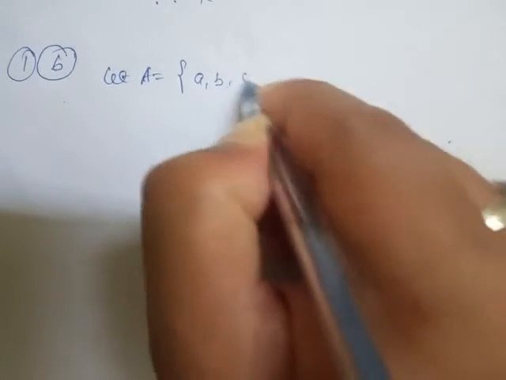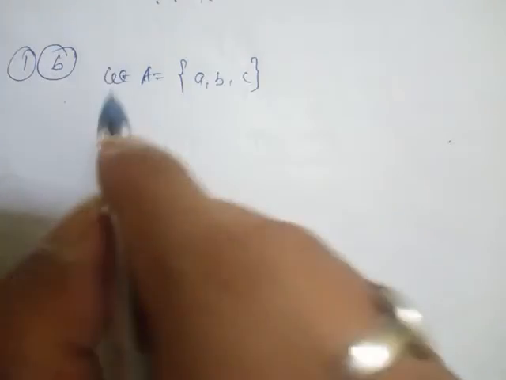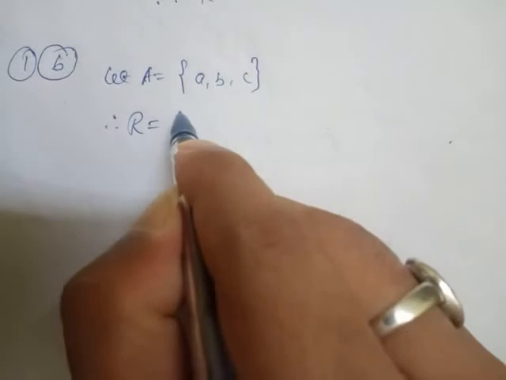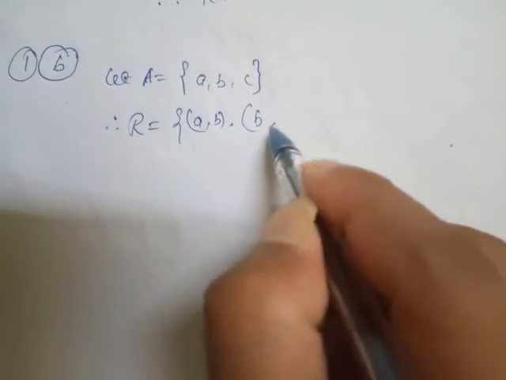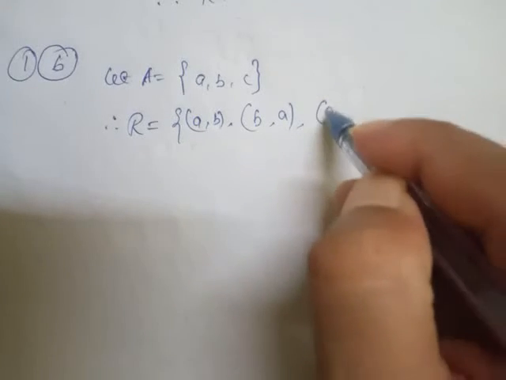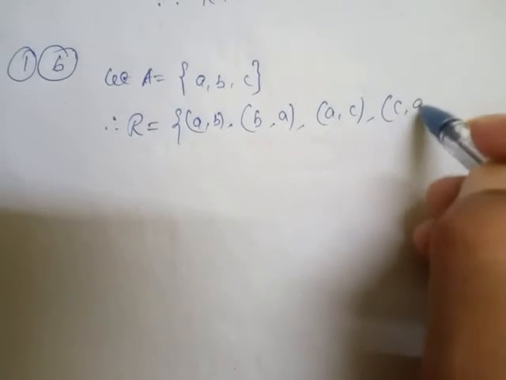Now look student, the next one is 1B. How to solve it? Look here, let A equal to {a, b, c}. Now the relation R equal to (a, b), then (b, a), then (a, c), then (c, a).